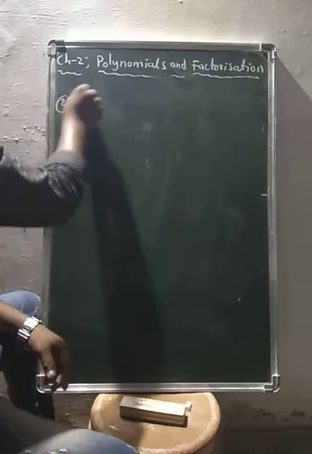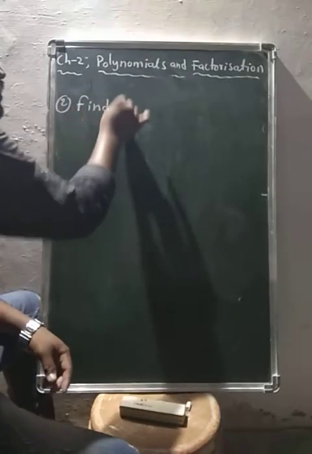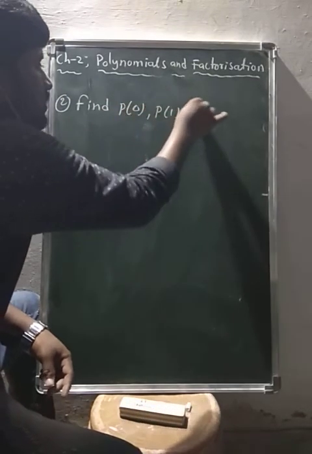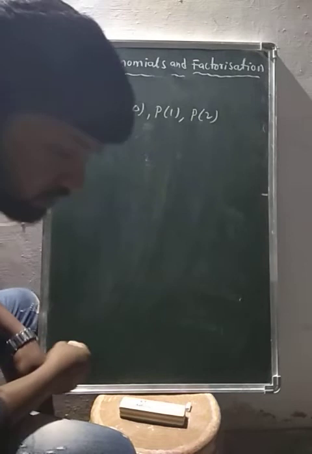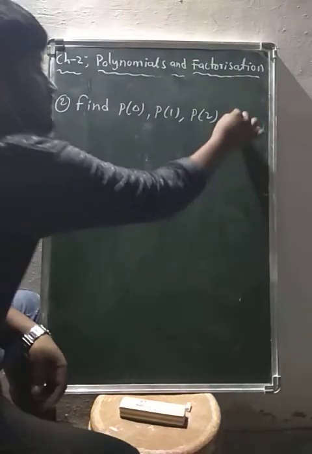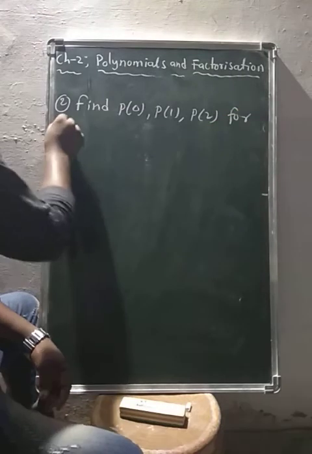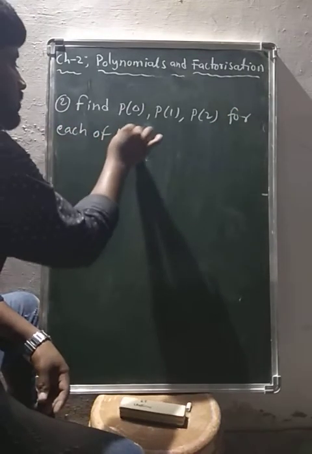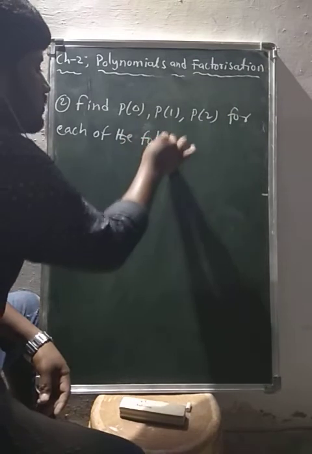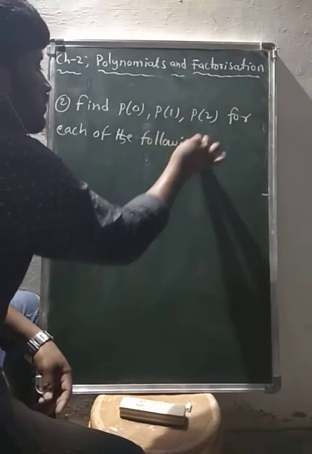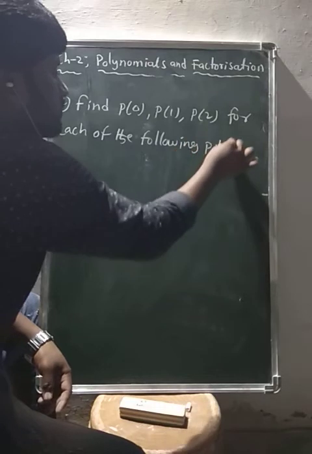Now the second question is given: find p of 0, p of 1, p of 2 for each of the following polynomials.